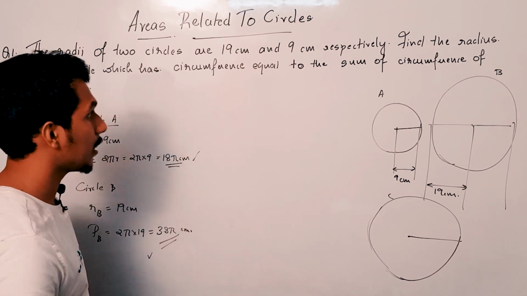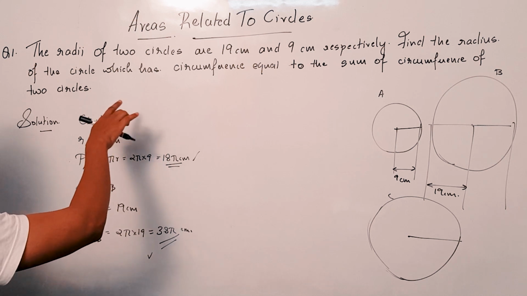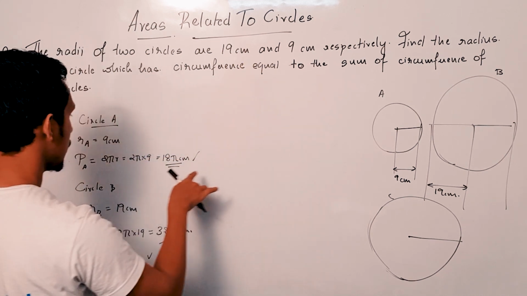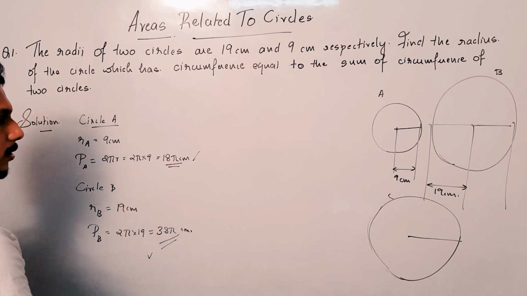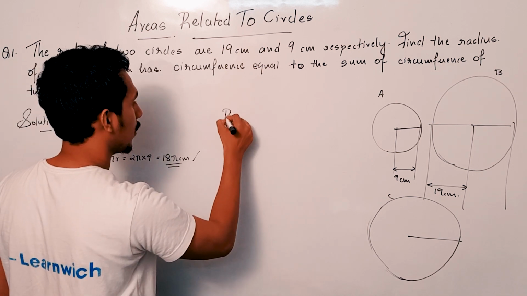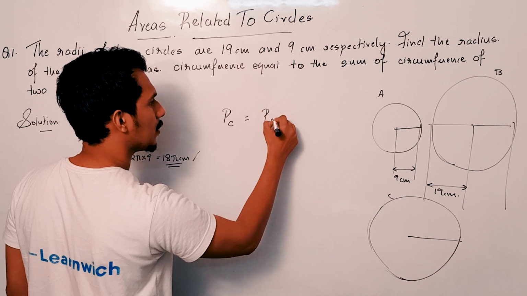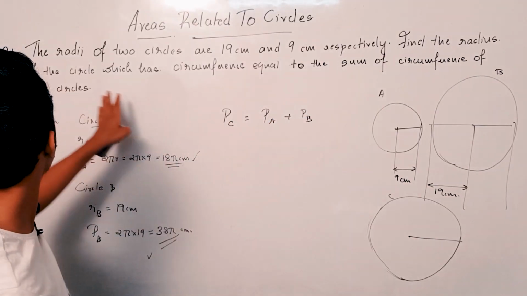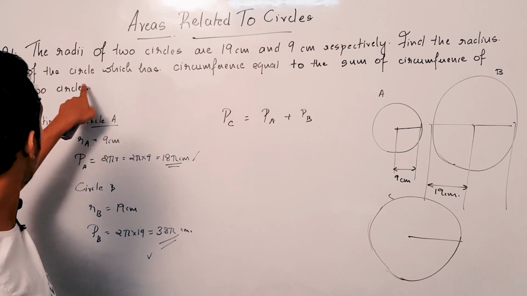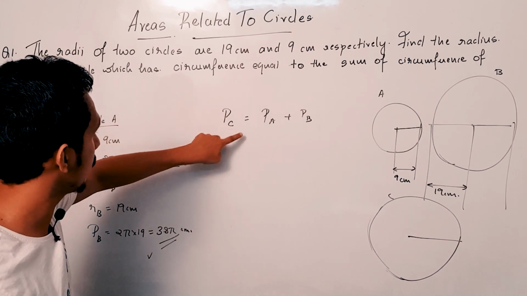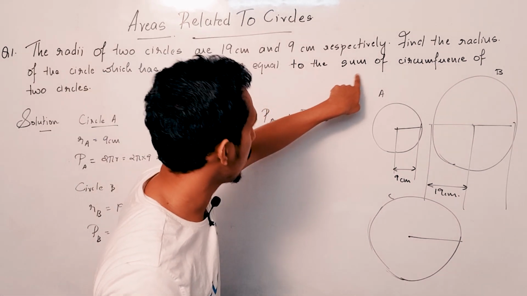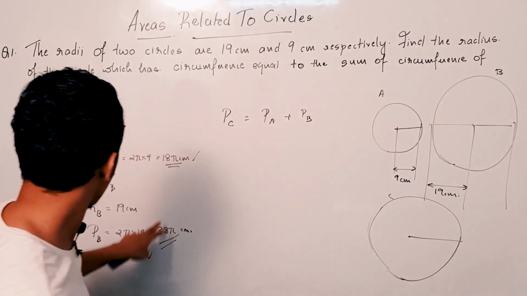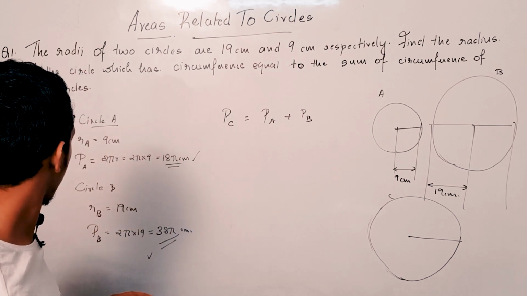Now the third circle has a circumference equal to the sum of circumference of the two circles, which means the perimeter of C is equal to perimeter of A plus perimeter of B. Very clearly written in the question. The circumferences of the two circles are 18 pi and 38 pi.